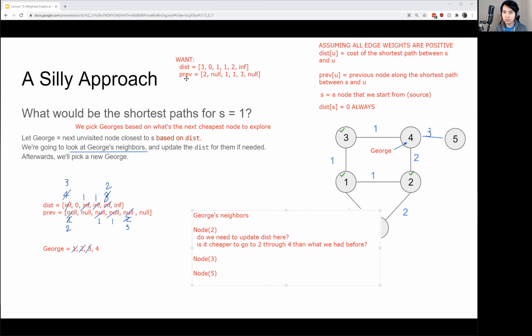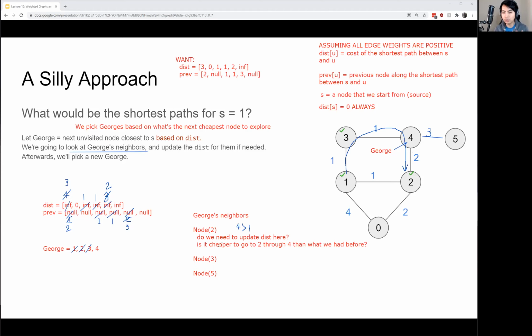The cost to get to 2 through George will be getting to George, which is cost 2, and then taking the edge that we need to go from 4 to 2. So in this case, the cost here would be 4 versus the previous cost, which is 1. Since 4 is bigger than 1, we're not going to want to update distance because that's not a better route to get to node 2.